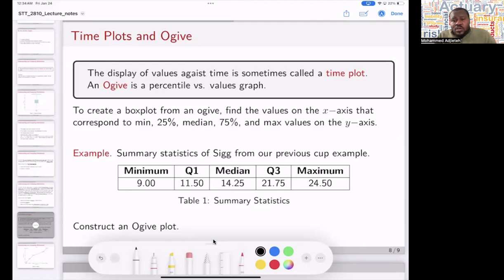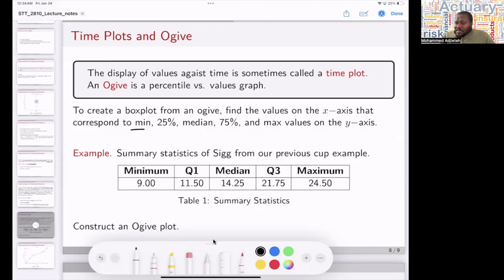The other thing we want to talk about is the ogive. It is a graph that shows the percentile versus the values. So for example, we want to plot the ogive for the SIG cap, right? Because it's a graph of percentile, we want to draw that.